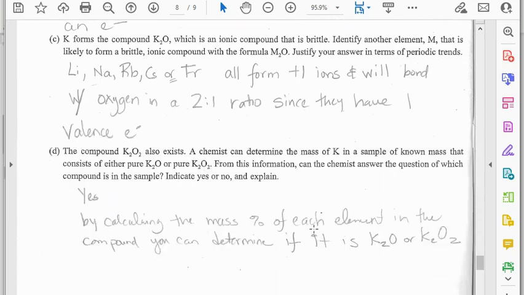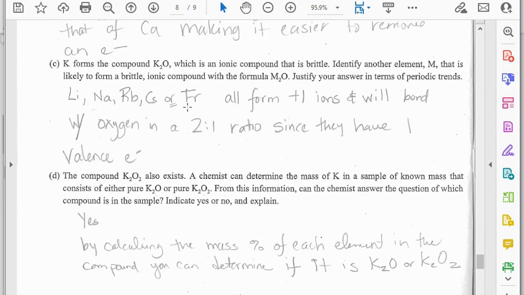No, you wouldn't be able to justify it based on just the fact that they're in the same column. You've got to explain what that means. By being in the same column, this happens. Just stating that the trend occurs isn't good enough. You've got to explain what the trend is.